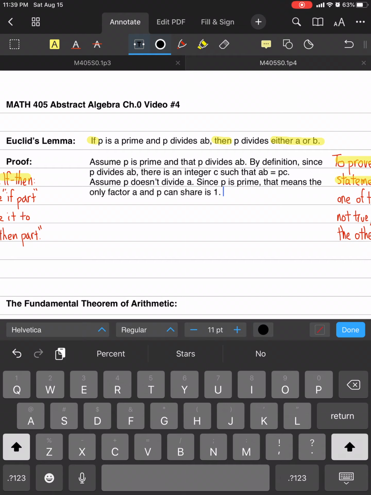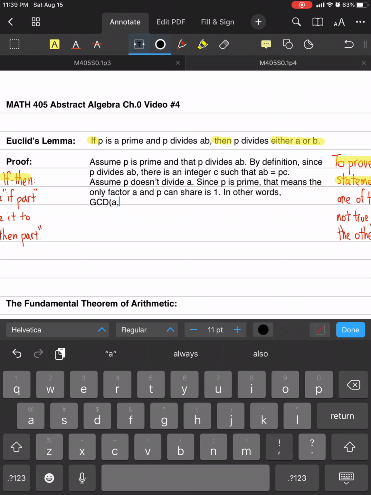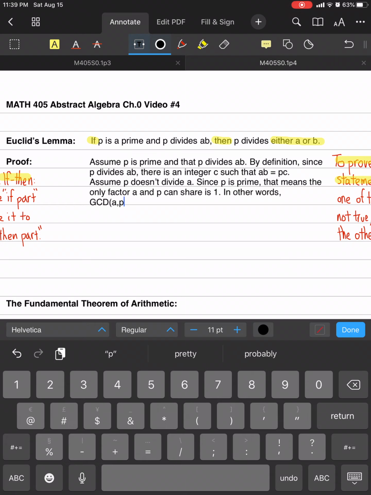And we have another way to phrase that we've used already. In other words, I'm going to skip down here. GCD of A and P equals 1. So this is where we've gotten so far. We know that P doesn't divide A, and that means their GCD is 1.